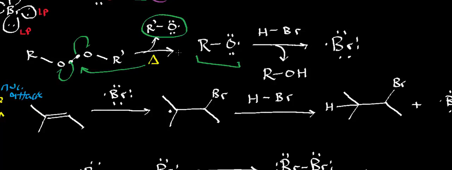Okay, R and R prime. But now what I'm going to do is I'm going to take this radical right here. It is a radical because it has a lone electron on that oxygen, and I'm going to throw it in with hydrobromic acid. Now, something else is going to happen here, okay? Remember, this right here, this HBr, again, is 2 electrons, right? This is a 2-electron bond. They all are, okay?